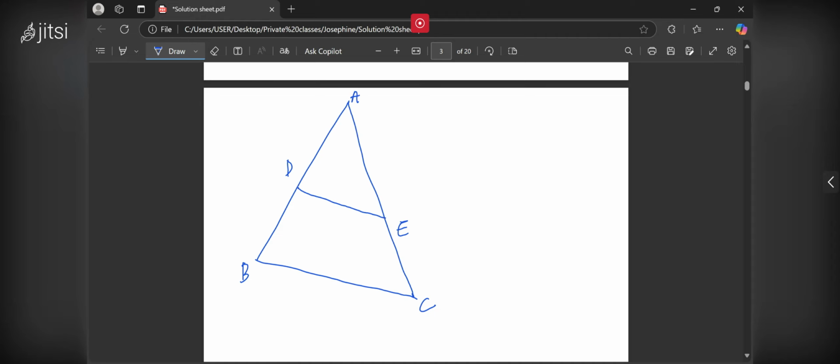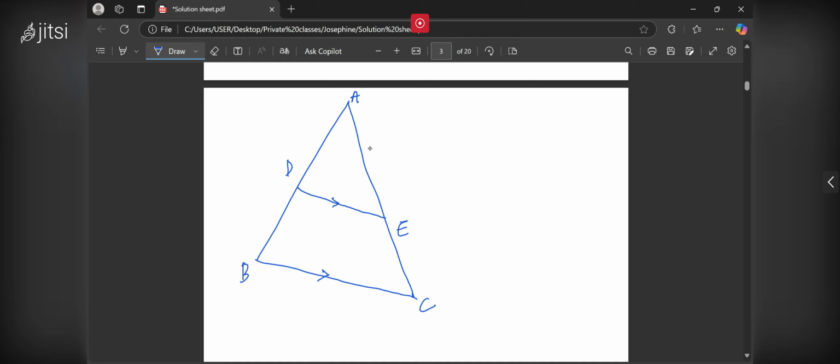Now, when looking at this, you notice one thing. What is common? How many triangles can we bring out from this? That should be the first thing that comes to your mind. Before that, this line is parallel to this line. You are given that.